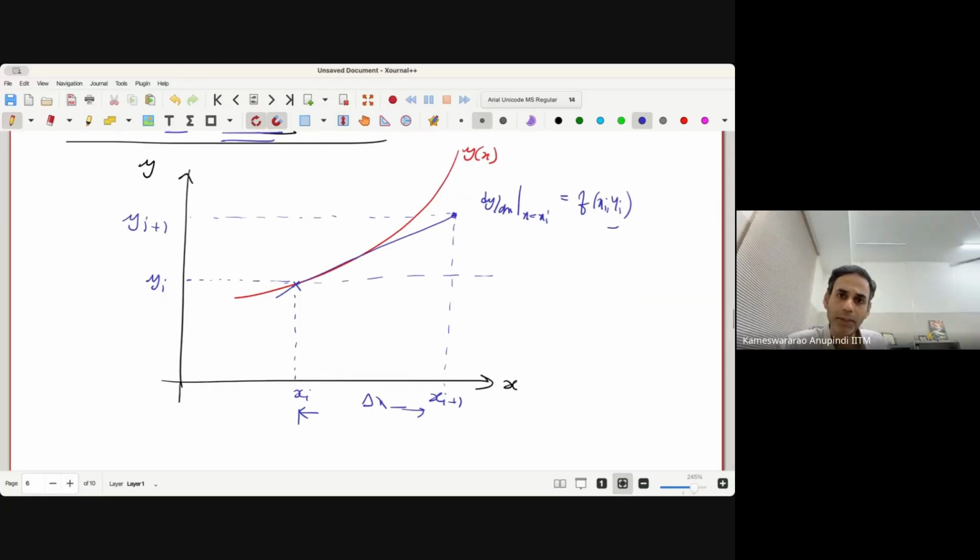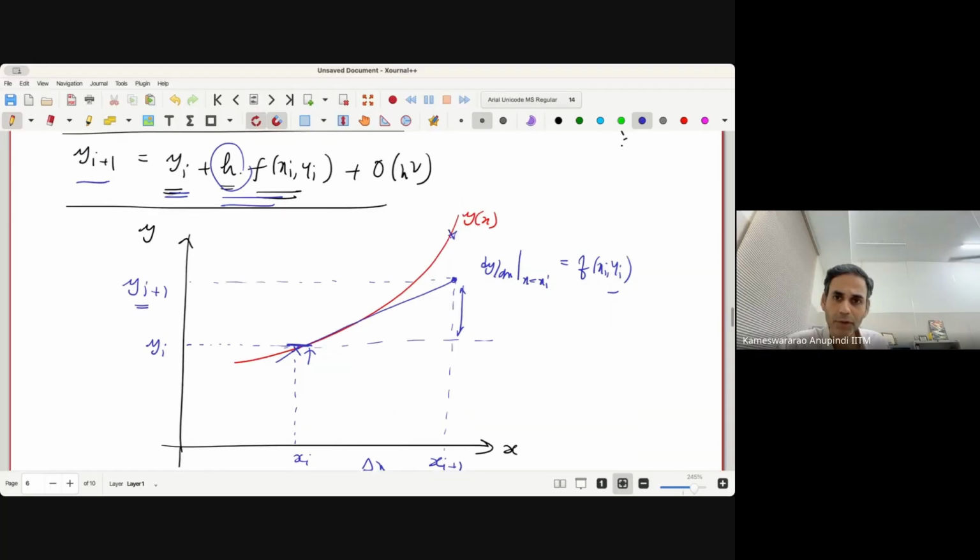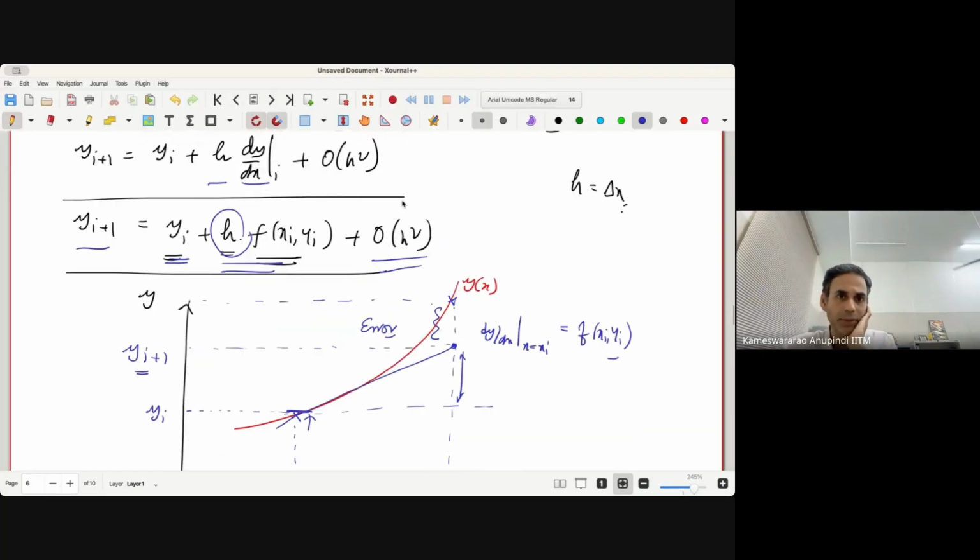Basically, yi till here plus h times the slope gives this height, and those two together are your yi plus 1. As you can see, this is different from the actual yi plus 1, which is somewhere here. That is the error we make in this scheme, which is order h square. So that is Euler's explicit method.